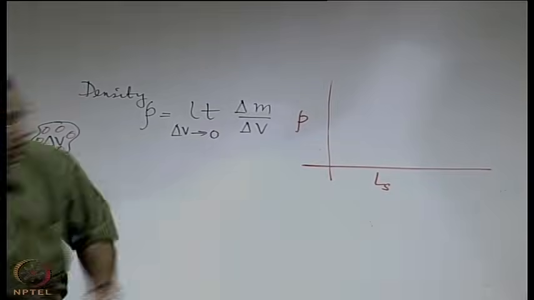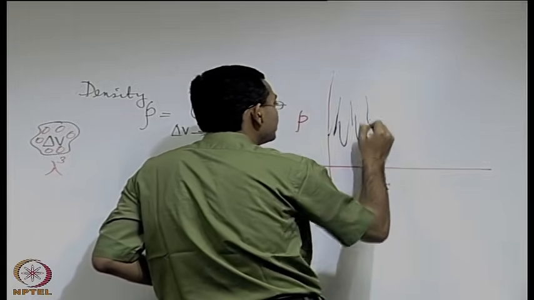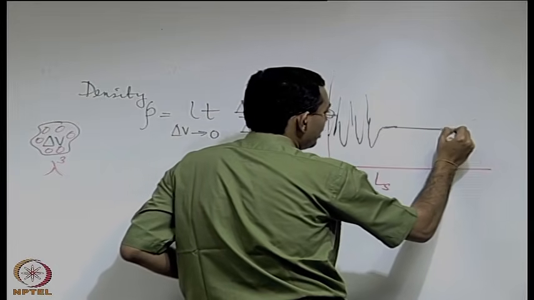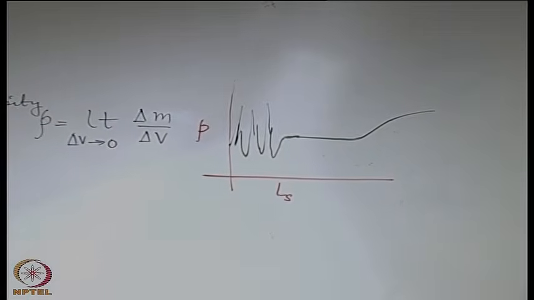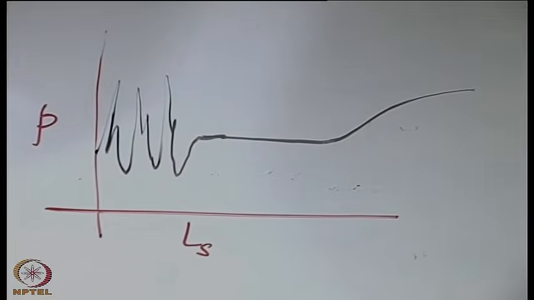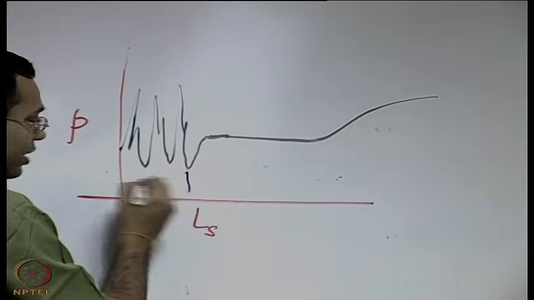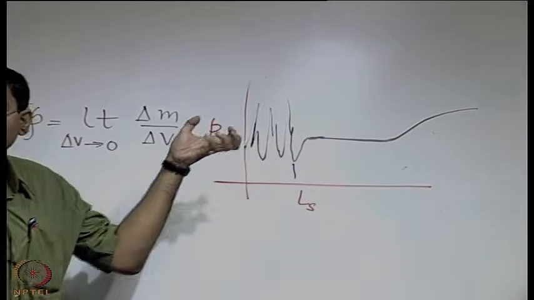you will get this type of fluctuation, then it will come to a steady value, and then if you choose a larger length scale, it will change like this. So what is the significance of such a plot? These length scales are small enough that you have really random fluctuations because of the uncertainties.